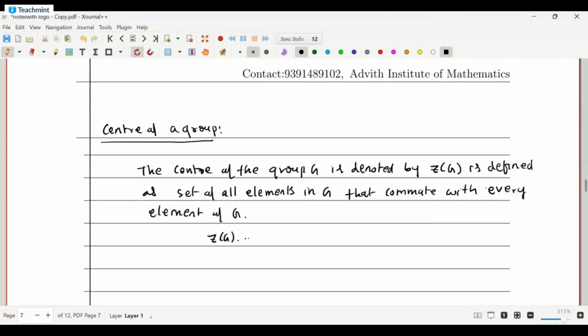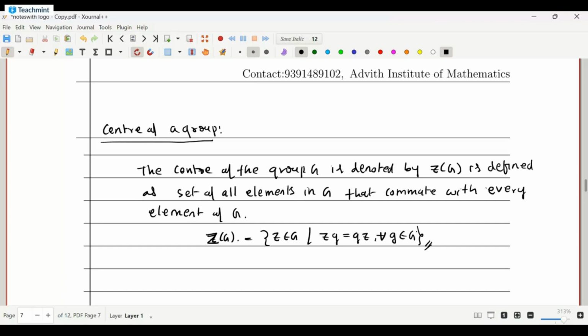So Z of G is equal to the set of all z belonging to G such that zg equals gz, and this is true for every g belonging to G. The center is nothing but the elements that commute with every element of G. In a family, who is the center of attraction?